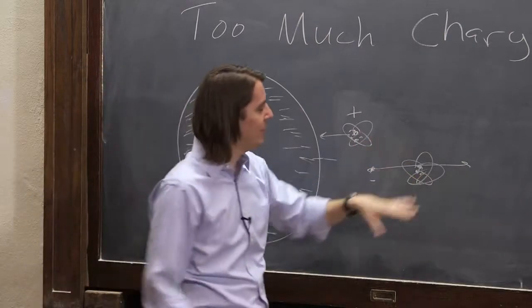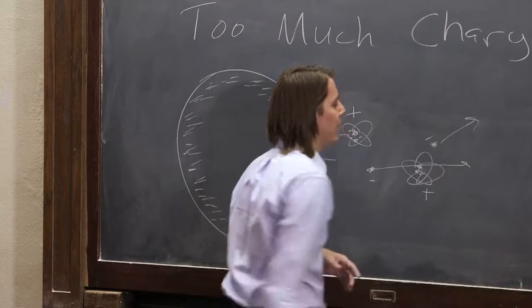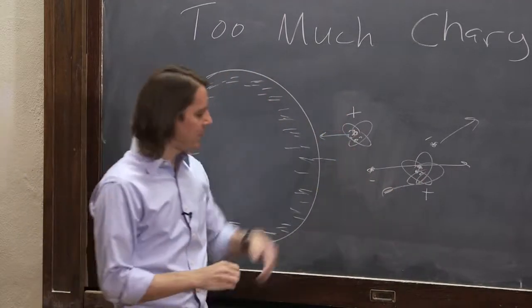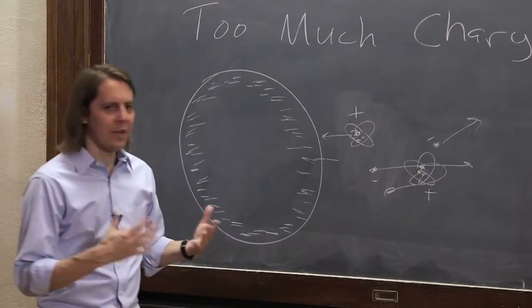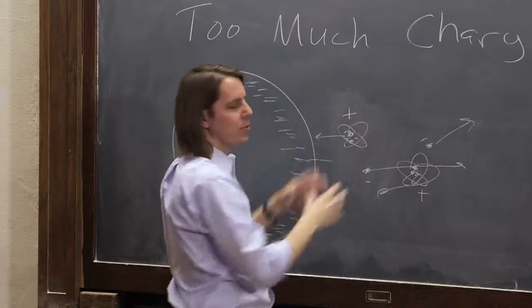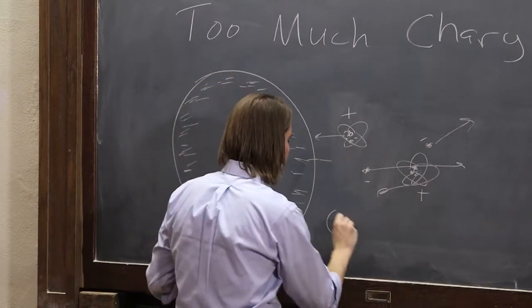If it slams into this, you can end up making this thing positive and having another electron fly away. And then this goes this way. So if you can just get one to separate, you can get a cascade effect, and then you can have this happen in many, many gas molecules near the surface. This is called a corona discharge.